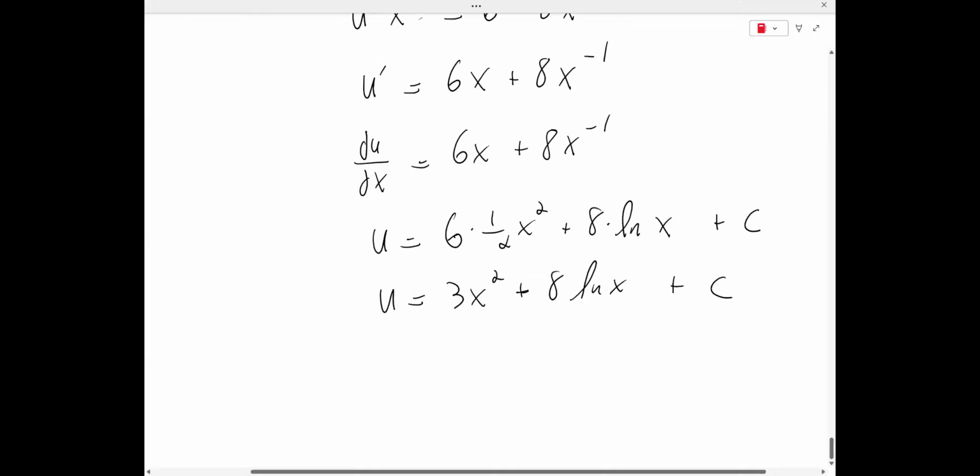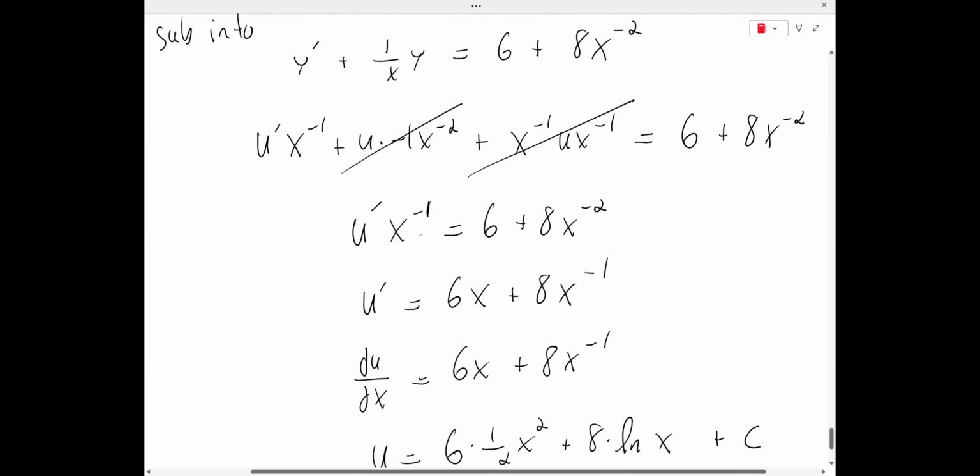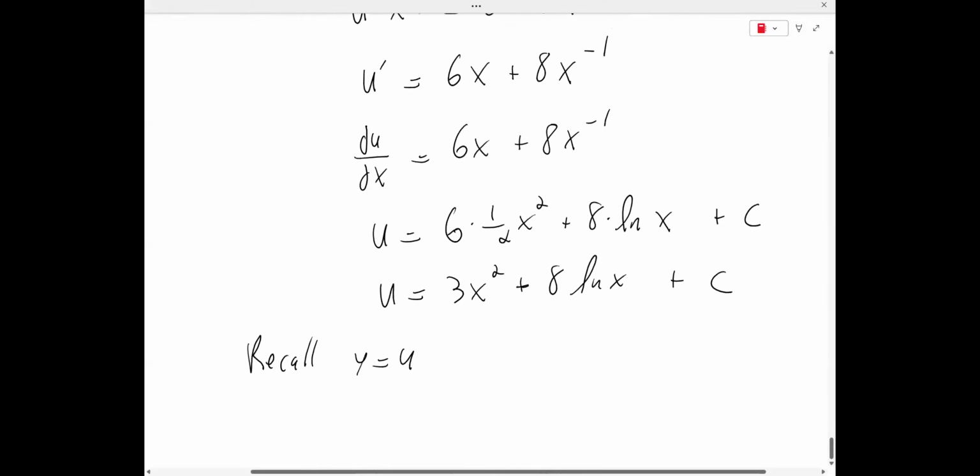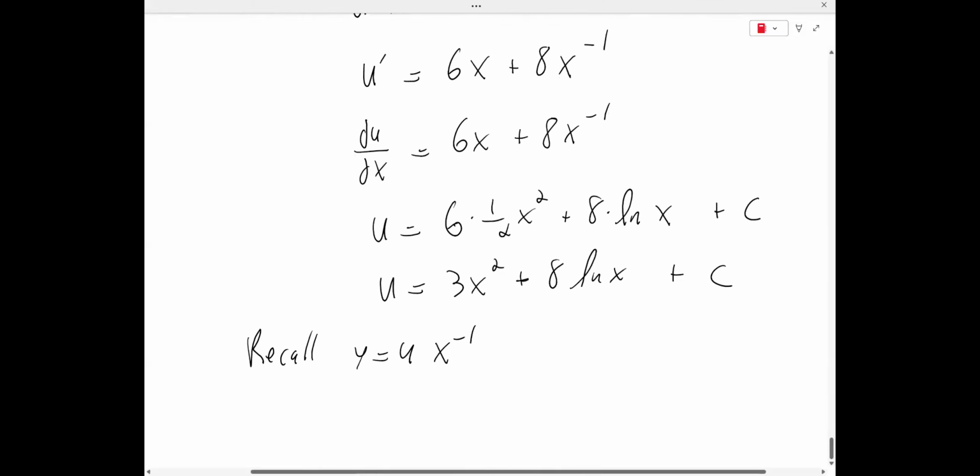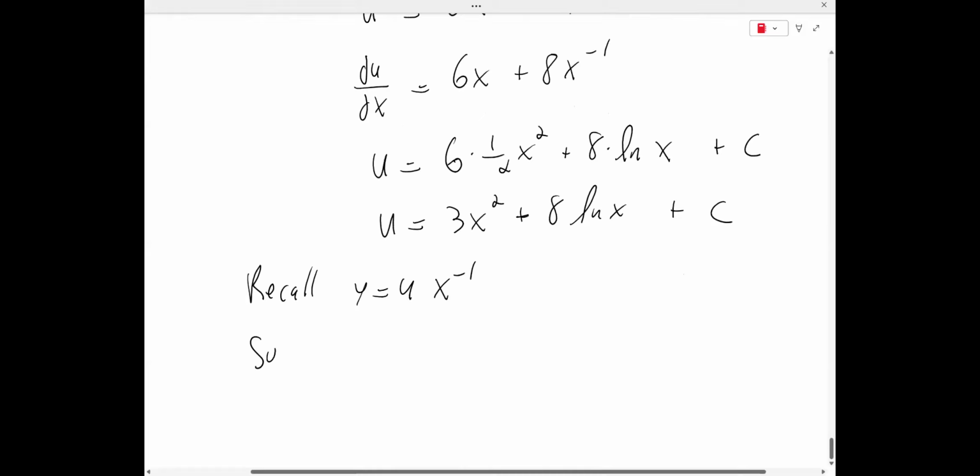Now recall that we're looking for solutions like this: y is equal to u times x to the negative first. So we have y equal to u, which is this, times x to the negative first.